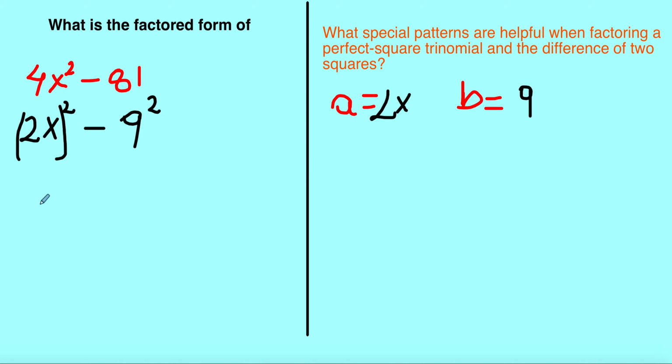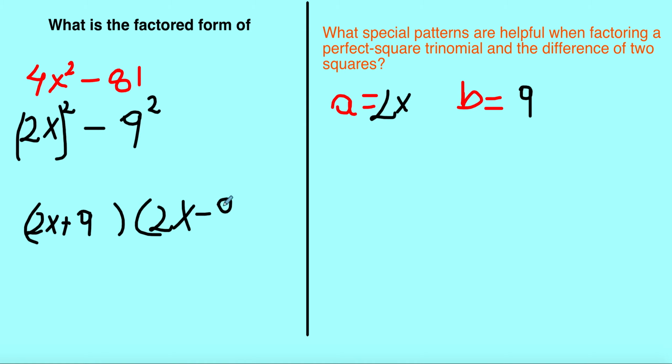So we write the factored form as 2x plus 9. As you see here, when a is different than x, we have different cases. 2x minus 9.